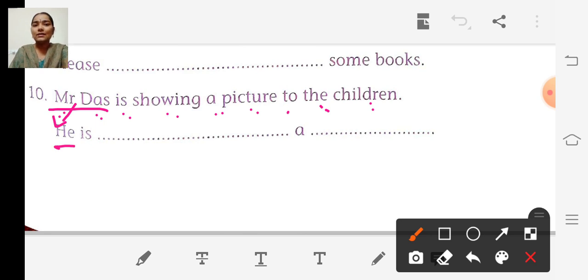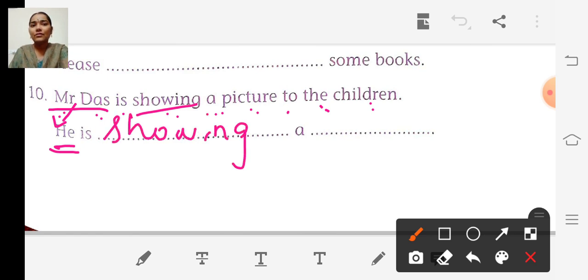Okay, he is, what is he doing? He is showing. So we have to write he is showing. To whom? The children. So instead of the children we have to write them.